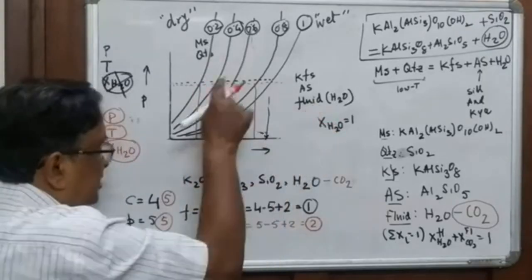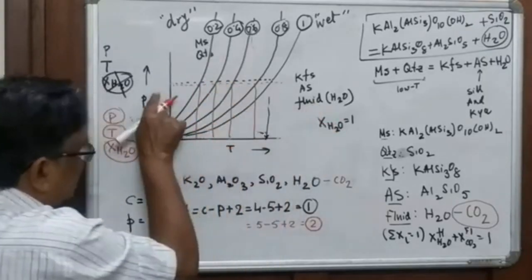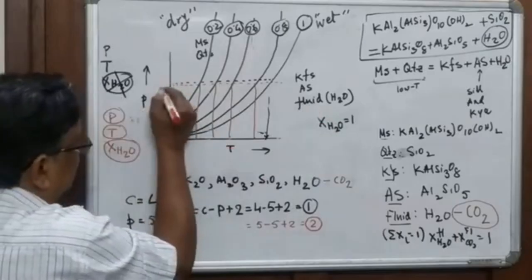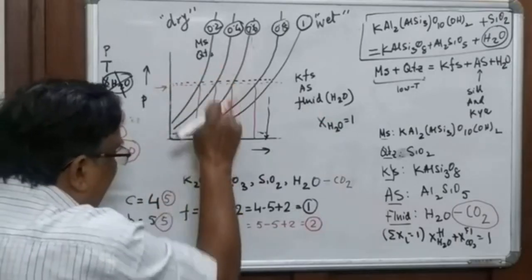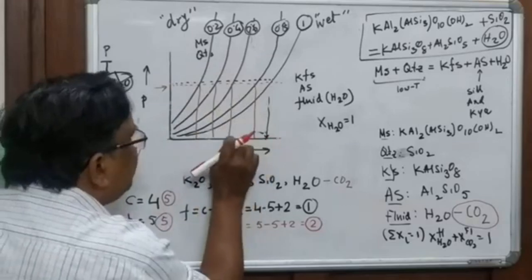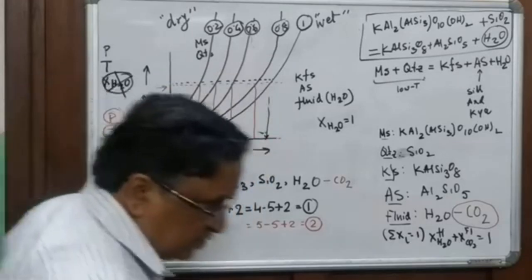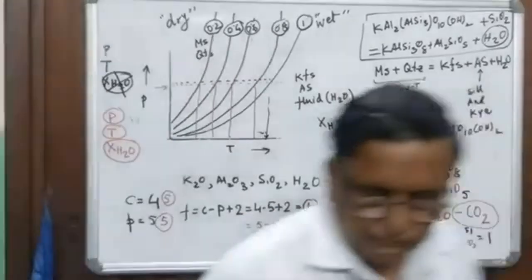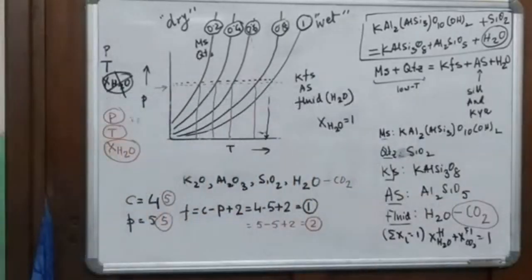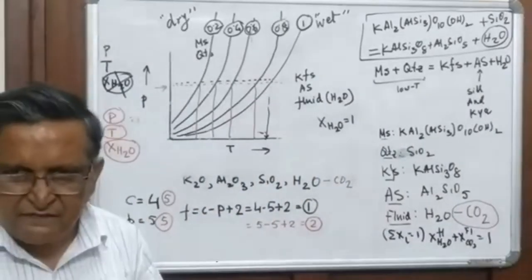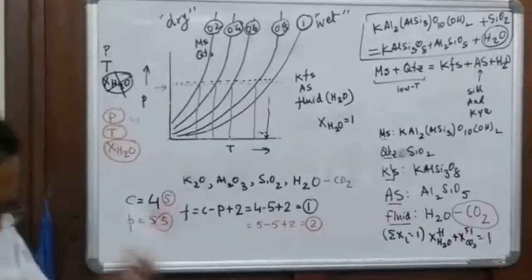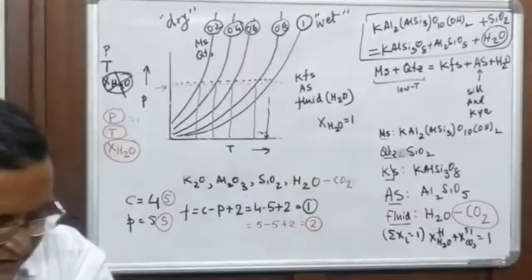If XH2O is 0.4, this is the temperature. Remember, this is the pressure. So if you have different XH2O, then you get different temperatures.